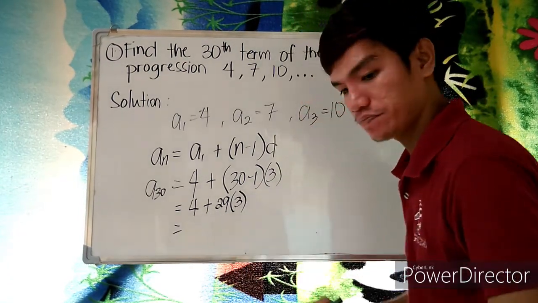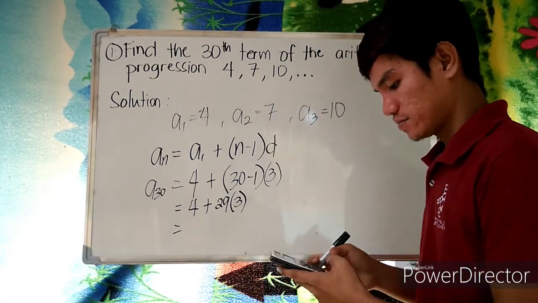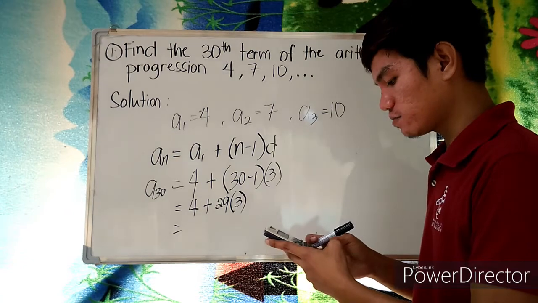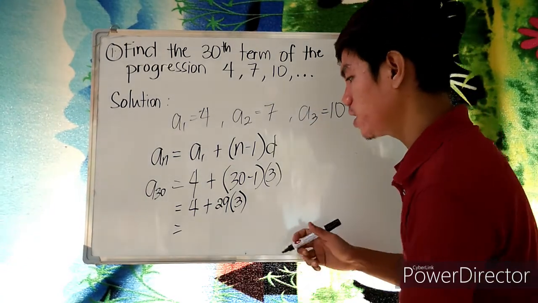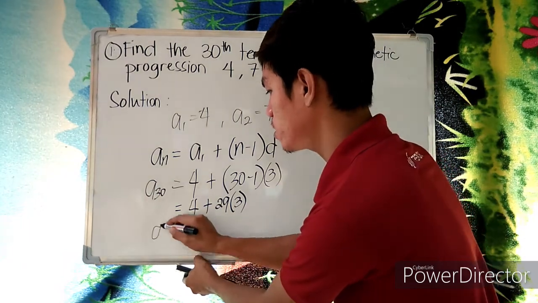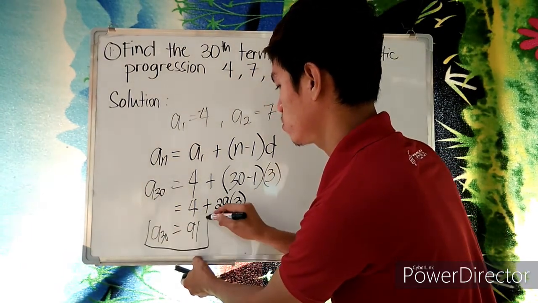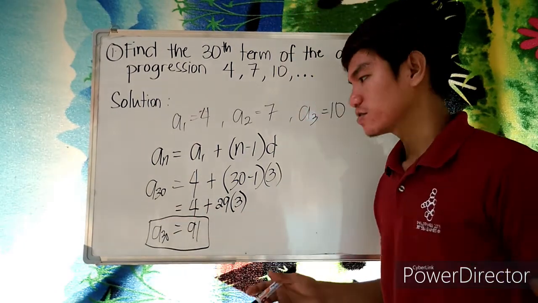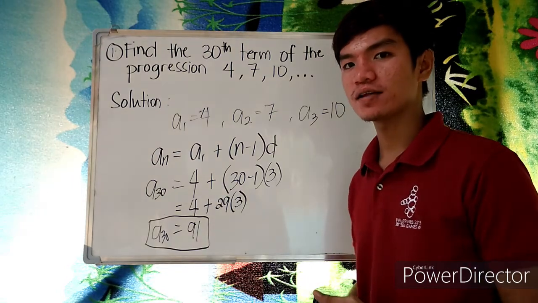Calculate lang natin: 29 times 3 plus 4. We have a sub 30 equals to 91. So, yun. Ganito lang kasimple gamitin yung nth term formula.